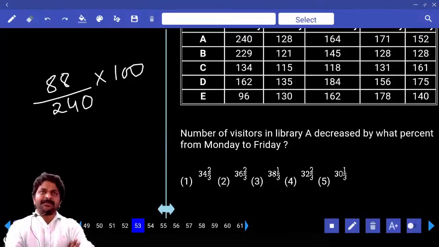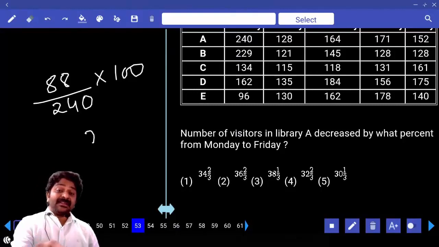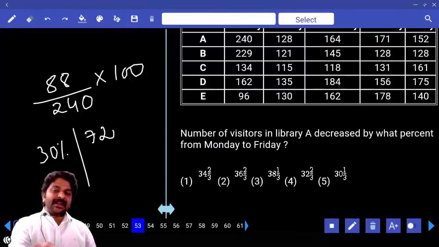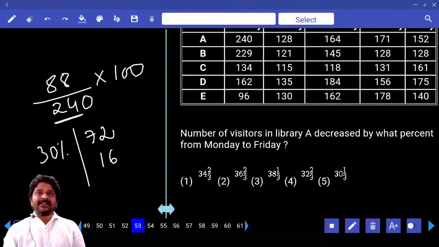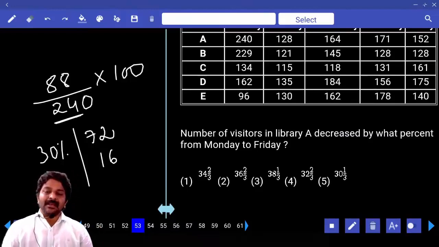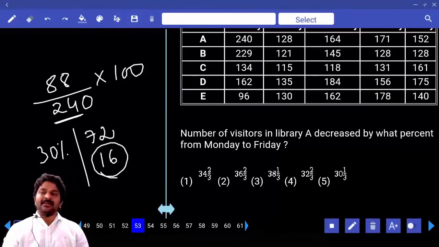Let's calculate 30%. Okay. What is 10%? 24, 3 times. 72, which is 30%, right? To this, how much we need to add? 16. What is 5% of the denominator? 12. Apart from 12, how much more we have to add?